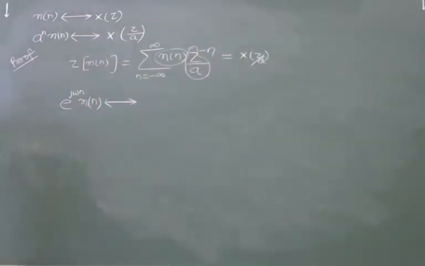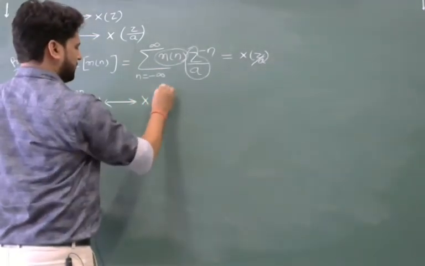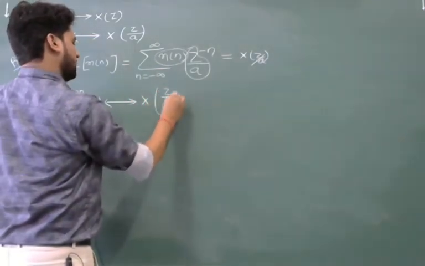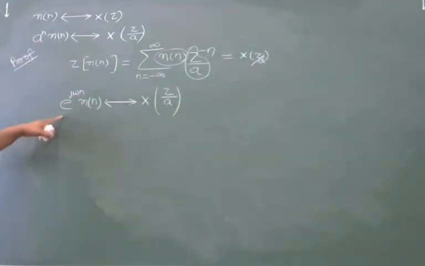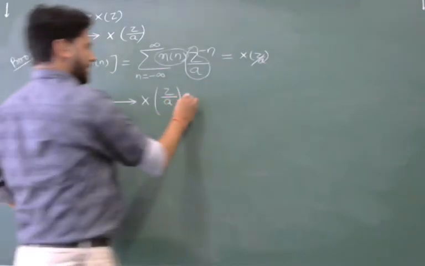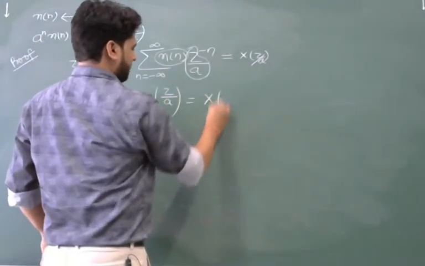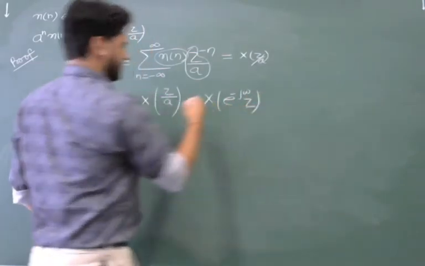Again this will be equal to x of z by a, and a here is equal to e power j omega. In place of a I will write e power j omega. So this will become x of e power minus j omega into z.